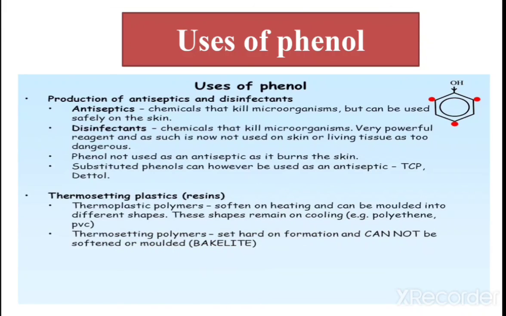It is Bakelite. These are the simple uses of phenol. That means mostly it is used as an antiseptic and disinfectant to kill microorganisms. Okay, this is about phenol. We finish the second topic, that is phenol, in this way. Okay, thank you.